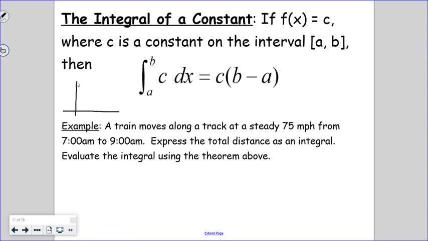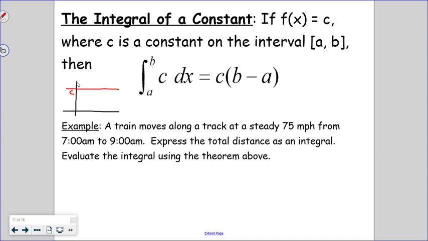geometrically. If I have a function that is a constant, f of x equals 2, y equals 2. Remember, when it is just a constant, in our picture that would look like just a horizontal line at whatever that constant is, some c value.